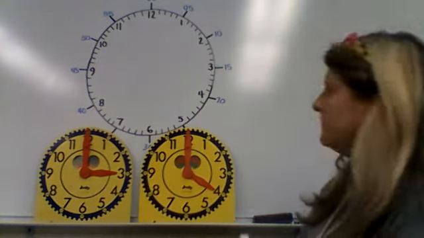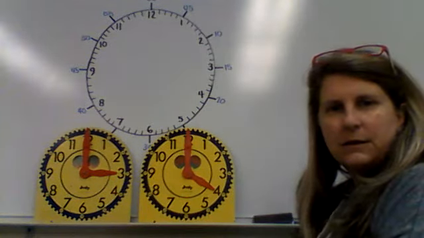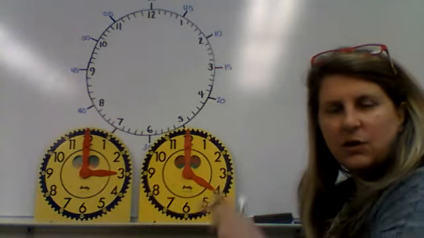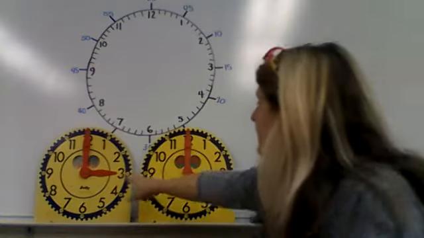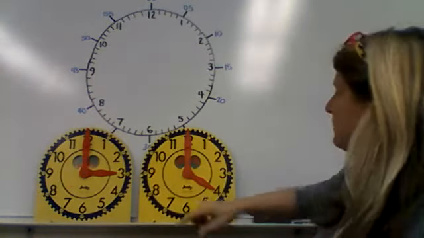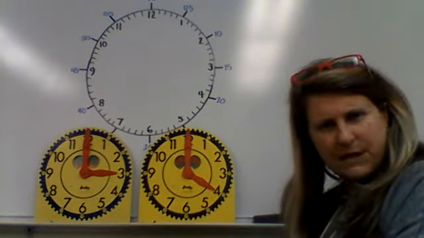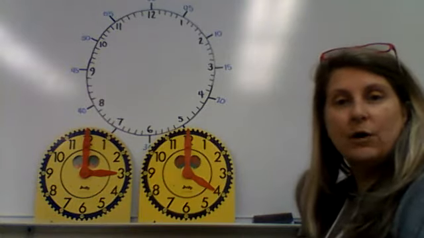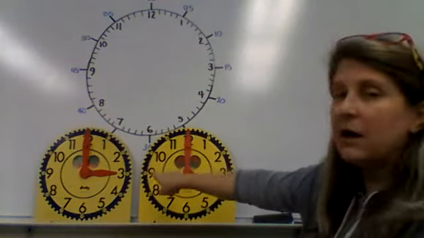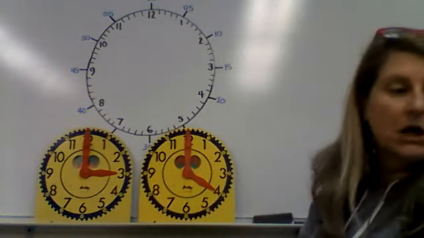There we go. Our minute hand is in the same place. The long one, the minute hand, is in the same place. Let's look at the hour hand. Here it's on 3, here it's on 4. Is that 1 minute? No, that's 1 hour. So from 3 o'clock to 4 o'clock, 1 hour has passed.